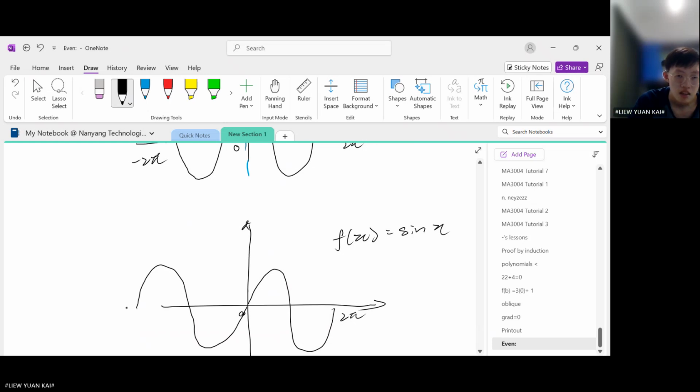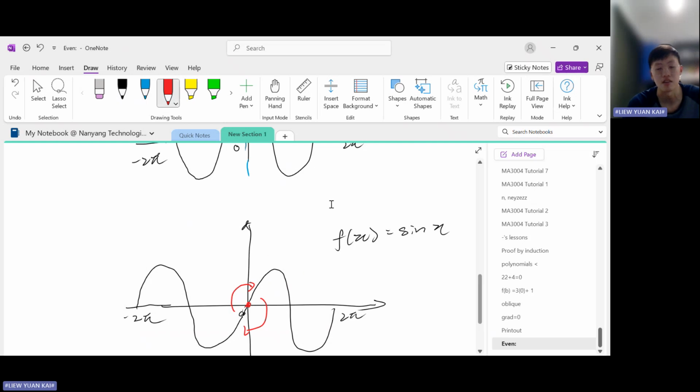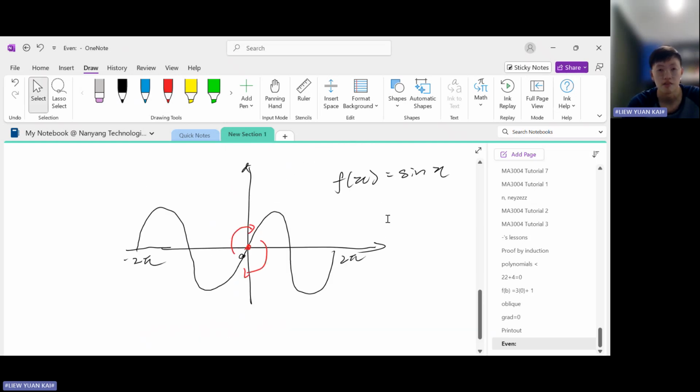You see? Agree with me that this graph is rotationally symmetrical about the origin, right? So indeed, it does satisfy the graphical property of odd functions.